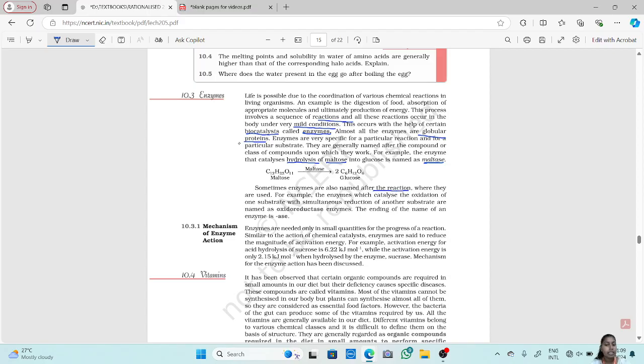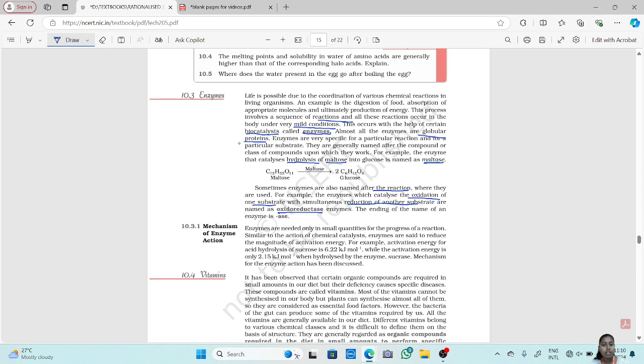For example, an enzyme which catalyzes the oxidation of one substrate and simultaneously the reduction of another substrate takes place. When a catalyst is used which is oxidizing one molecule and simultaneously reducing another molecule, such enzymes are named oxidoreductase enzymes.